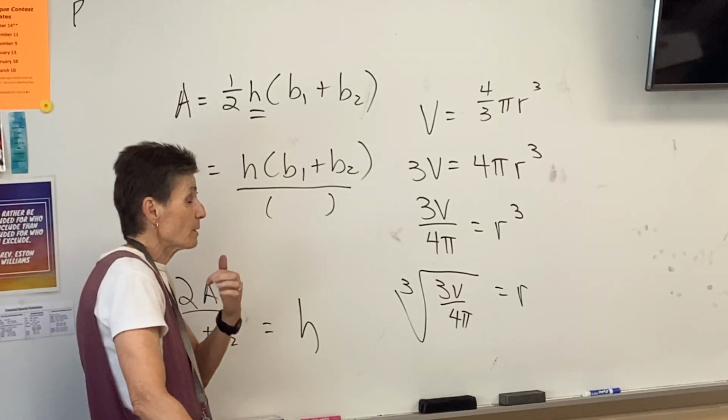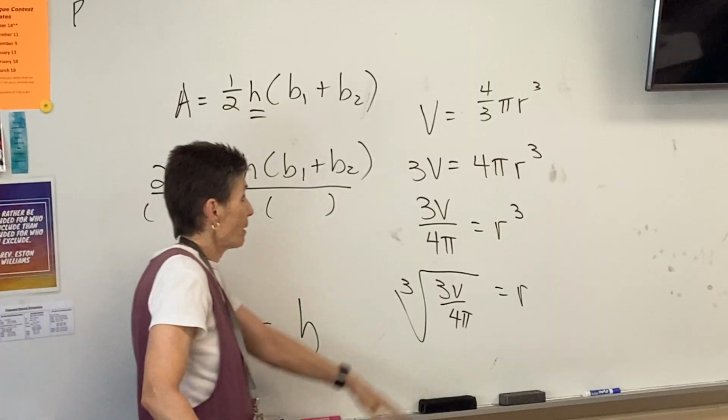I multiply by 3 to get rid of the fraction. Divided by 4 pi.